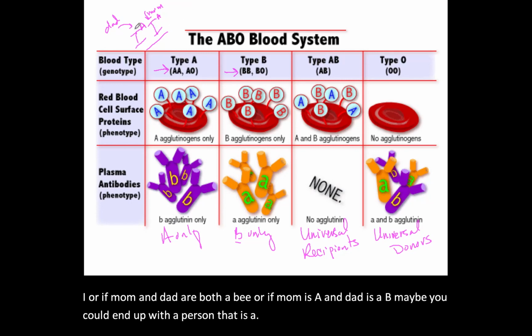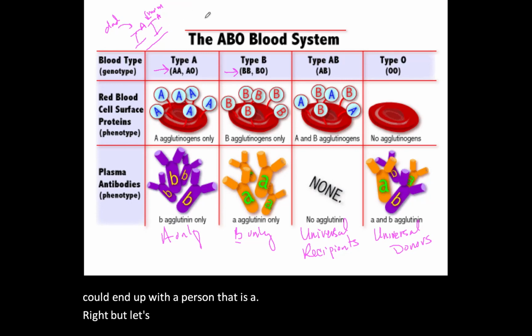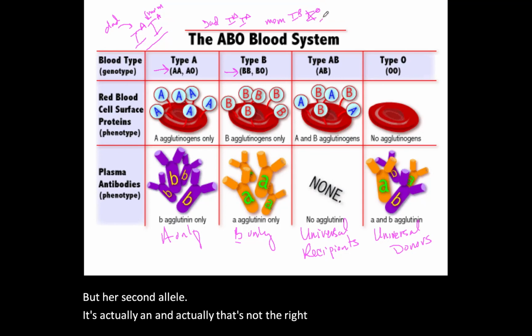Right? But let's say dad is A blood, AA, but mom is maybe B, but her second allele is actually an O, and actually that's not the right way to write that. It would be like this, right?